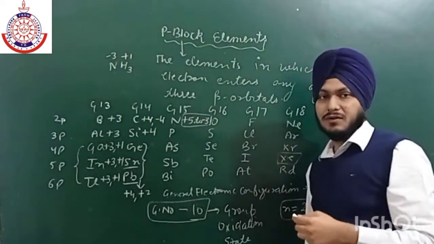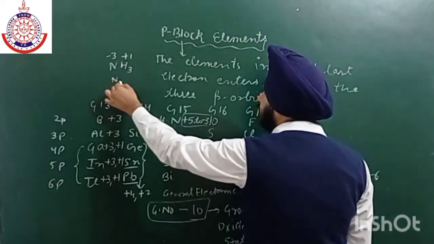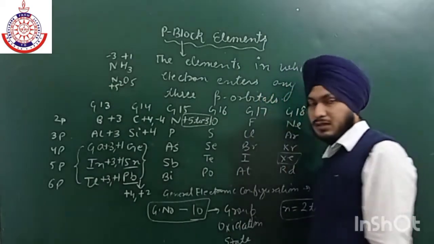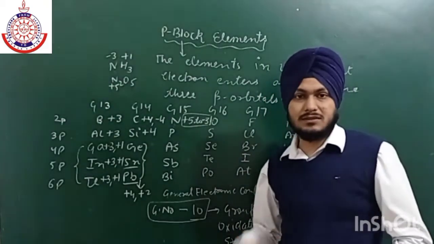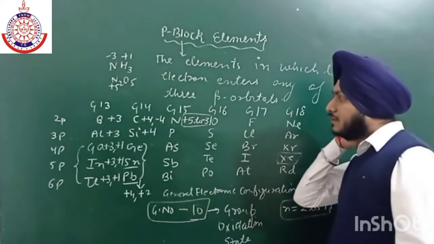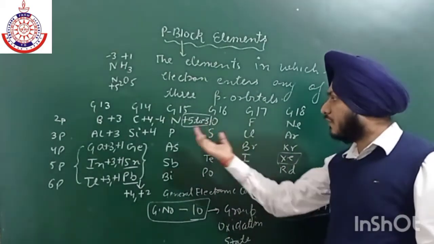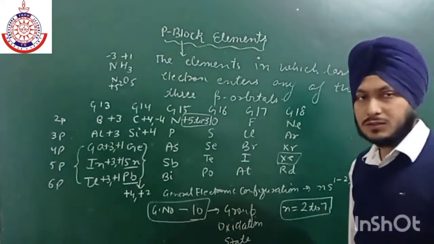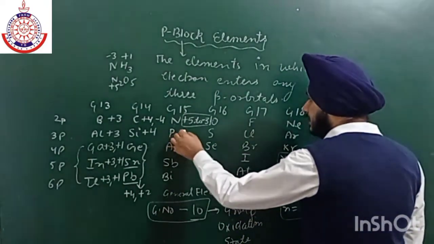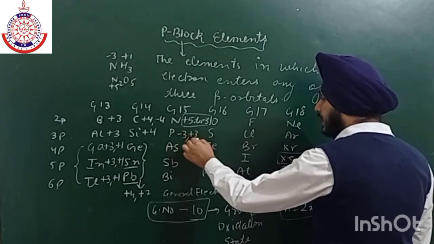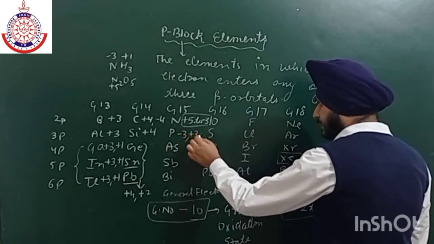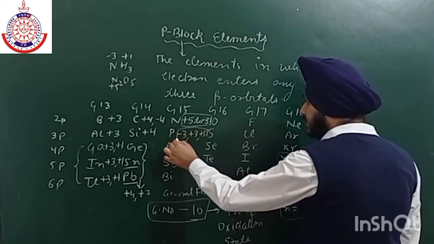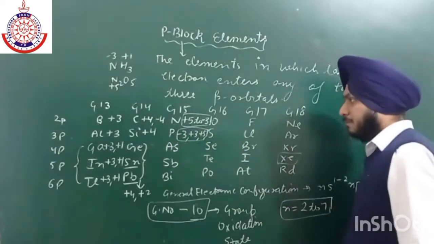Similarly, if we talk about N2O5, in N2O5 nitrogen is in +5. Similarly in N2O3 it is in +3. So it has a very high tendency to show variable oxidation state. Now if we talk about phosphorus, phosphorus has a tendency to show -3, +3 and +5 as well.